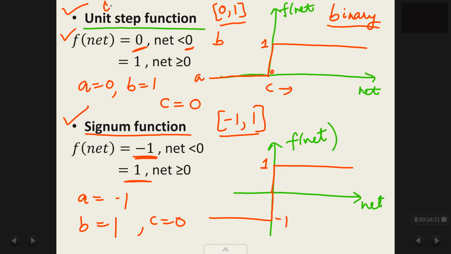In the first case it is called a unipolar function, or unipolar binary function, or unipolar step function, and in this case it is called a bipolar step function. Bipolar because it has both polarities, -1 as well as +1, whereas here you have only a single polarity, only positive. I'm telling you unipolar and bipolar because in different problems, different terminology could be used, so you should not get confused. Is that clear?